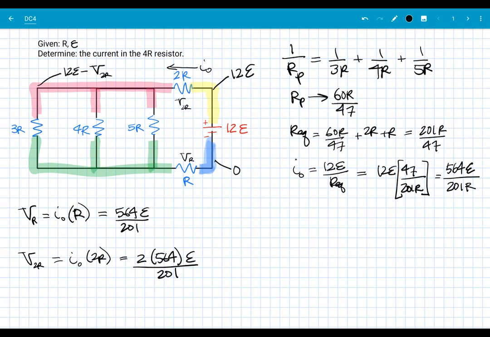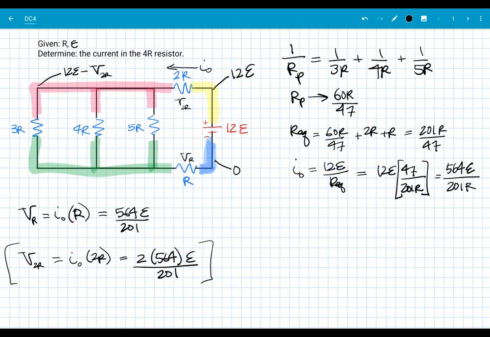Okay, because that's exactly what's going to happen at that resistor. We're going to drop how much? We just figured it out. We figured it out right down here in the drop over the 2R resistor. So I can now figure out exactly what the height is for the red.